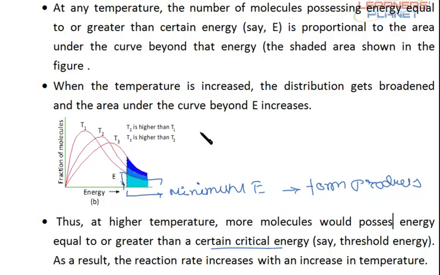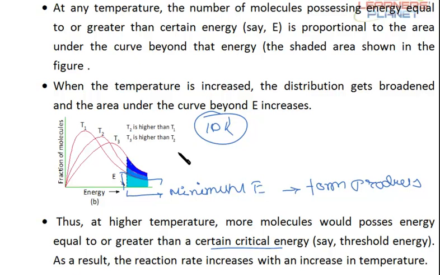When the temperature is increased by 10 Kelvin, the area has broadened; by another 10 Kelvin, it has broadened again. So the fraction of molecules possessing the threshold energy for collision doubles when the temperature is raised by 10 Kelvin. This phenomenon, the doubling of the rate of reaction with a 10-degree rise in temperature, can be explained by Arrhenius theory.